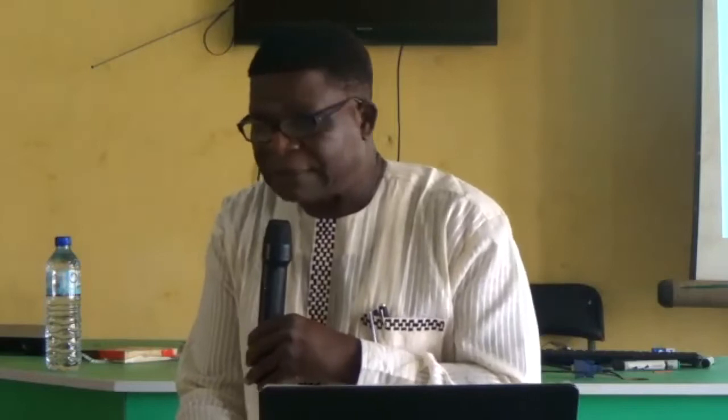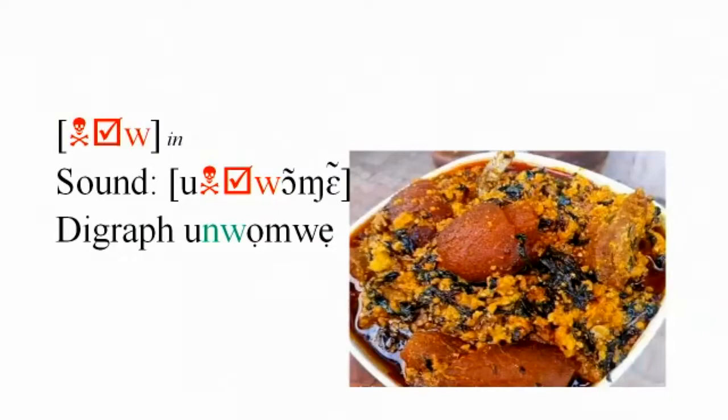The digraph NW is used, and nobody has any problem with that. Then look at this: in this word, the "we" is a reality in the language and must be represented by either a single letter or a digraph.